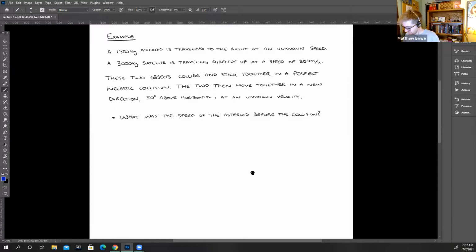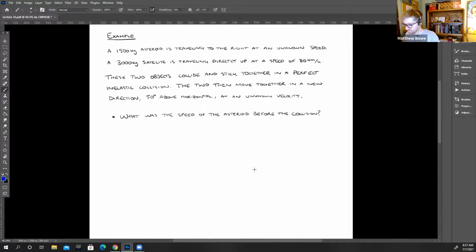Let's draw a little picture of what's happening. You have an asteroid, sort of this ball. It's moving perfectly to the right. It has a mass, it has a velocity. We're just going to call this first object M1 and V1.